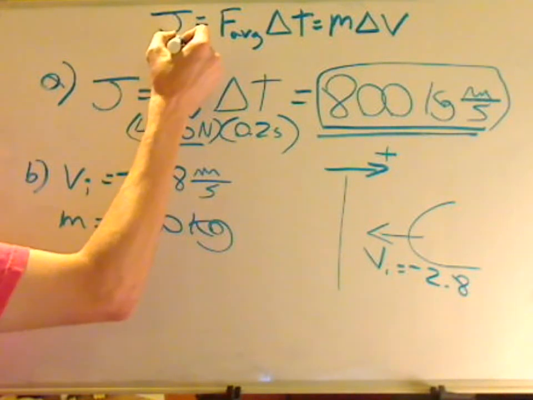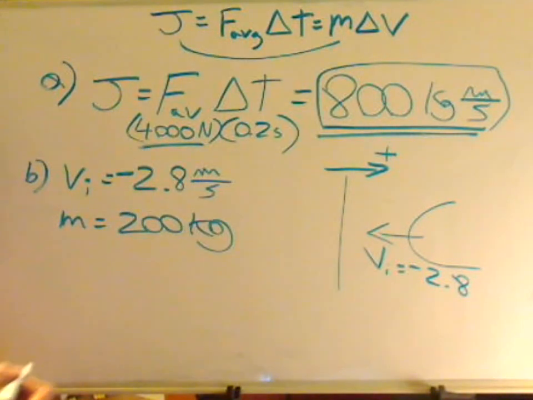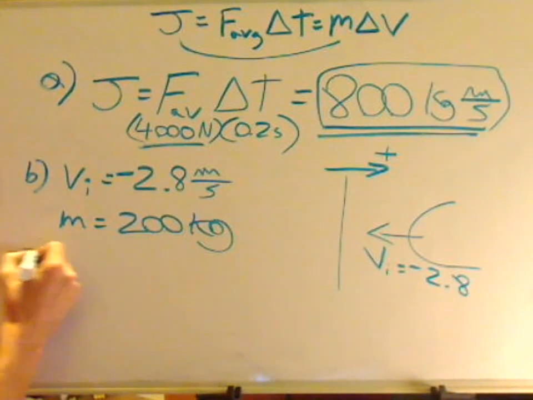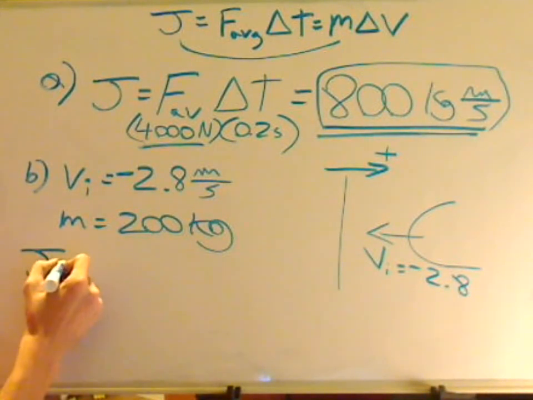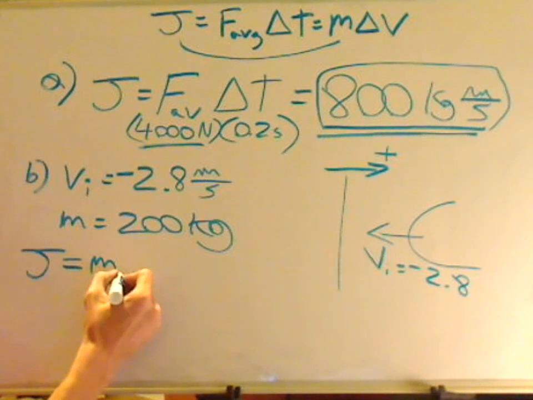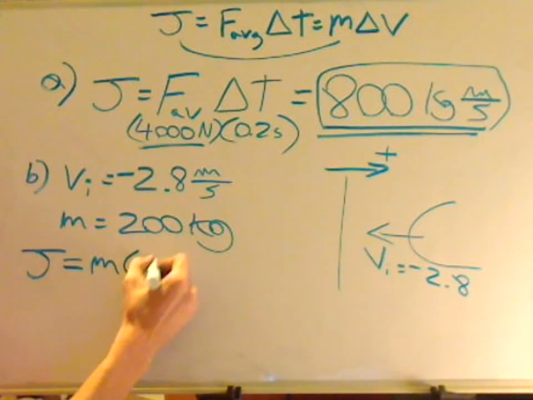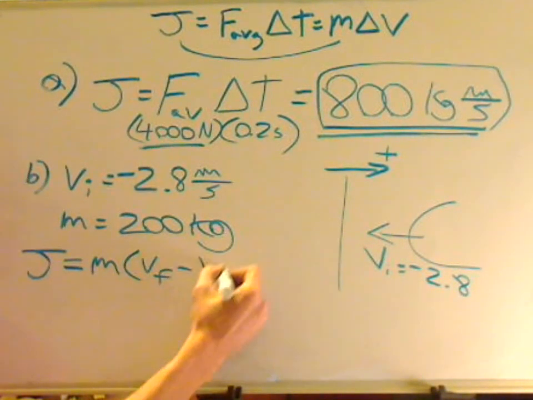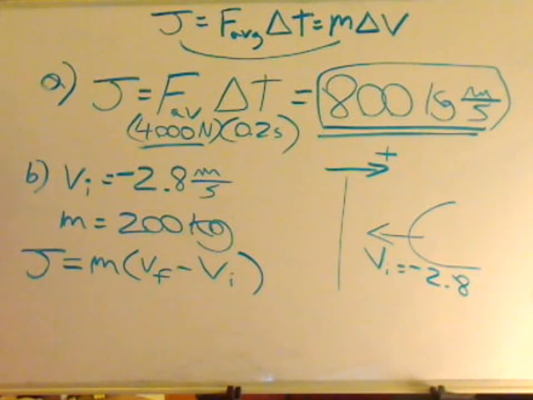Okay, so impulse equals mass times the change in velocity. So our impulse then equals mass times V final minus V initial. That's just our expression for impulse up here.